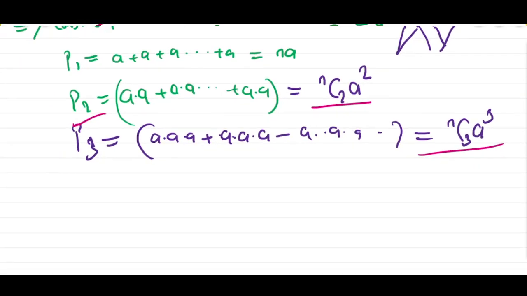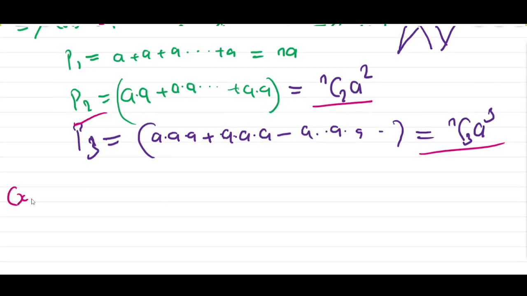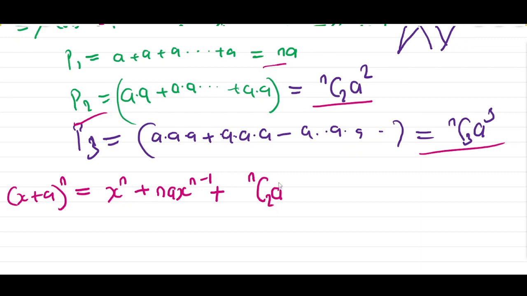So x plus a all to the n will now be, first of all, x to the n plus na x to the n minus 1, then plus n choose 2 a squared x to the n minus 2, then n choose 3 a cubed x to the n minus 3.